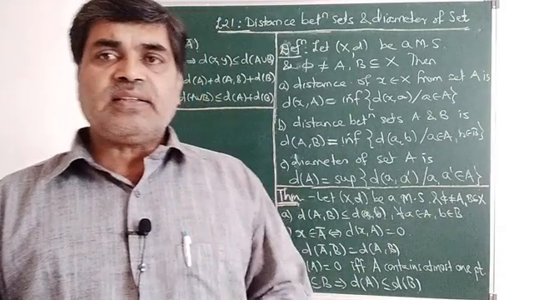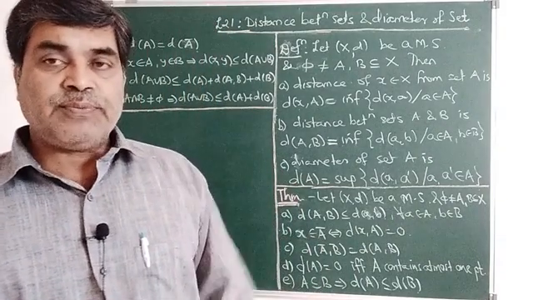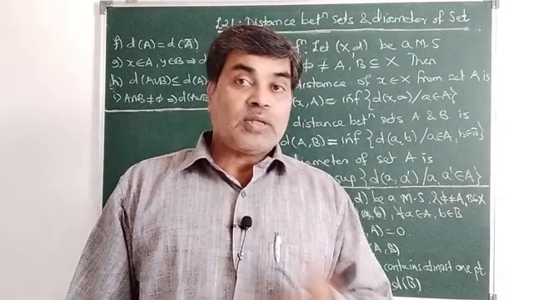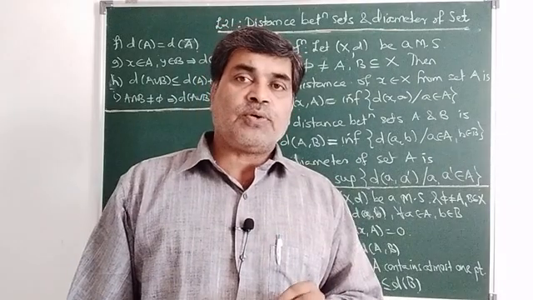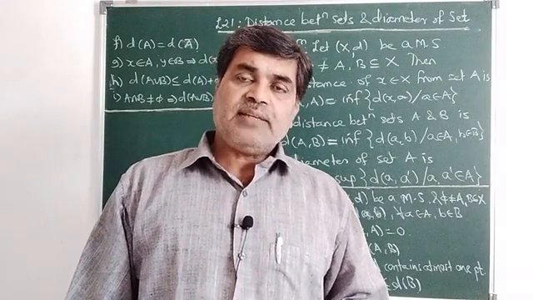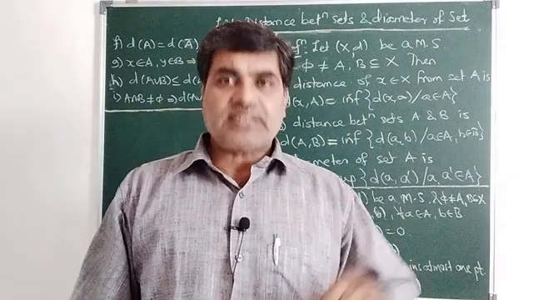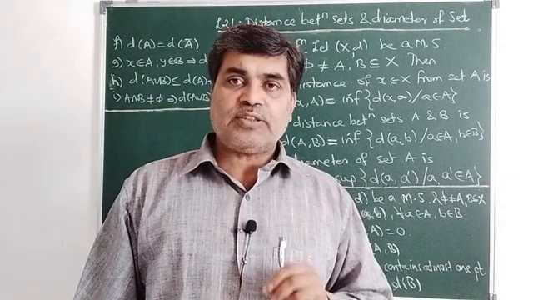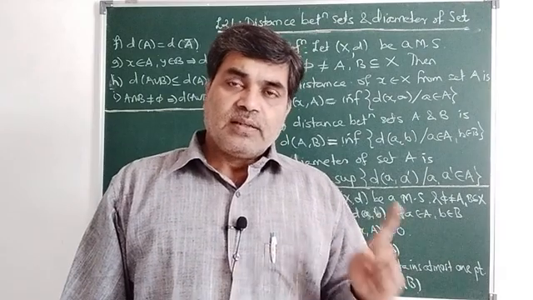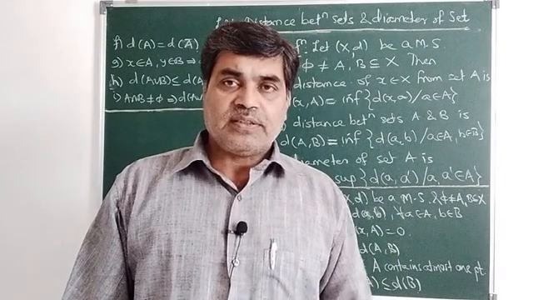Now if I take the discrete metric space in which d(x, y) is 1 for x not equal to y and 0 for x equal to y, then if I take the empty set or a singleton set in the discrete metric space, its diameter is 0.